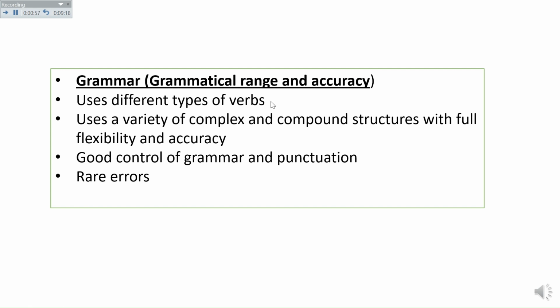If you watch my videos about complex and compound structures, you will solve 70% of your punctuation problems. I'm going to make a video about punctuation in detail soon. And the fourth one, you can still make rare errors in grammar and punctuation and still get 9 bands in grammar in IELTS writing. That's what IELTS says.